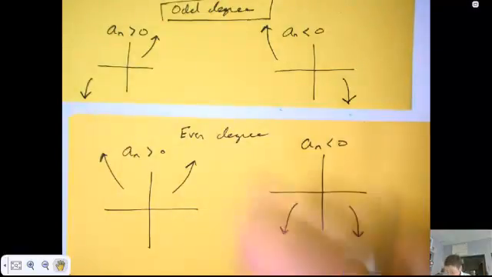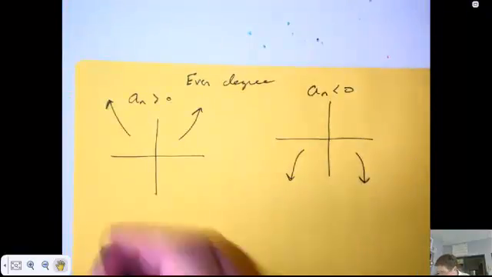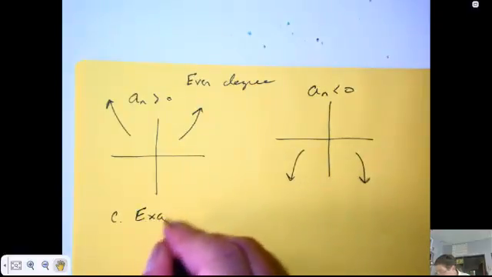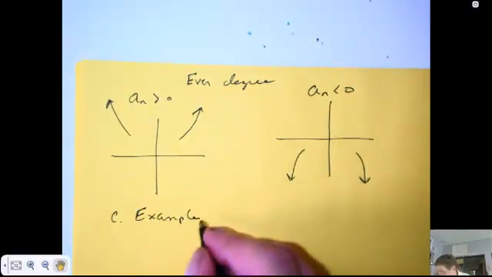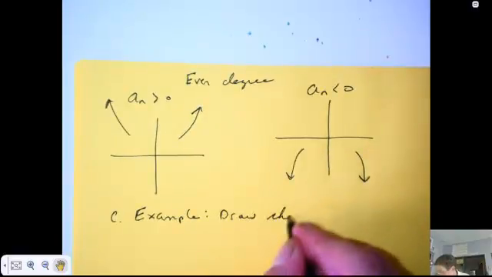Okay, let's go through a couple examples on this, and probably for the most part, have you draw the end behavior.